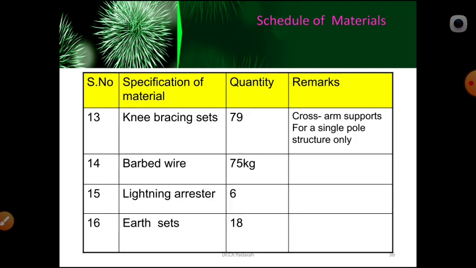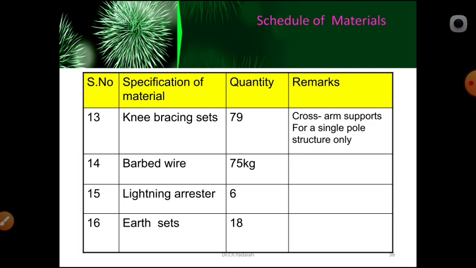Now the knee bracing sets, 79, cross arm support for single pole structures only, and barbed wire 75 kgs, as anti-climbing protection on the poles. Lightning arresters are usually required for protection against lightning discharge current, to avoid burning of our costly equipment like transformers.